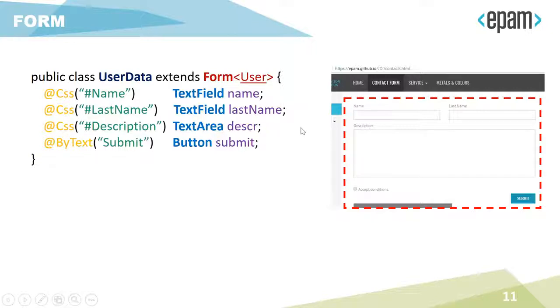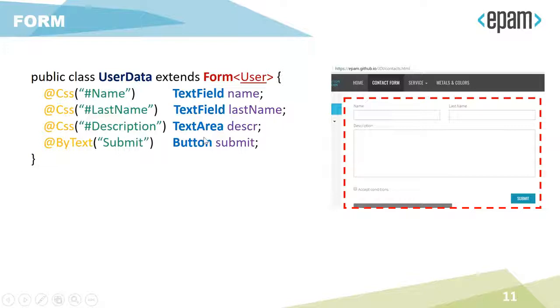The typical form is just a container with elements where you can input some values. These can be really different elements, for example, drop downs, multi-selectors, radio buttons, checkboxes, and so on. And you can submit this form with some button.